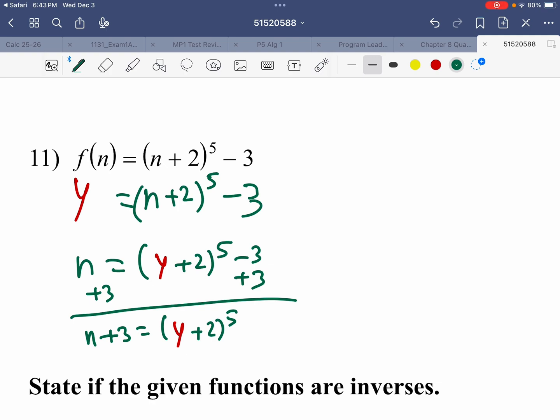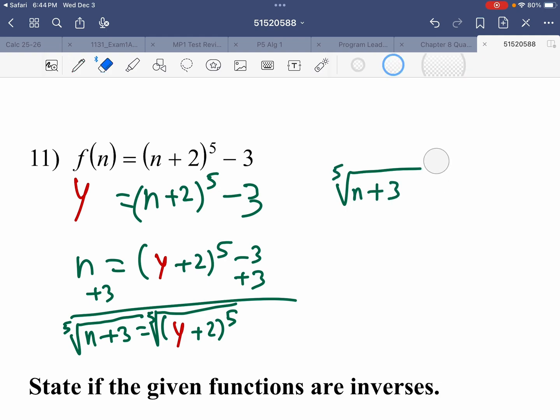And now to undo raising something to the 5th power, I need to take the 5th root. So in the index, I should be writing a 5. The 5th root of y plus 2 to the 5th is going to be just the y plus 2. So the 5th root of n plus 3 is equal to y plus 2.